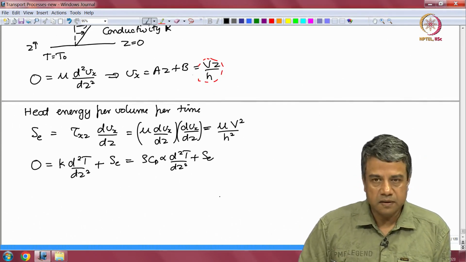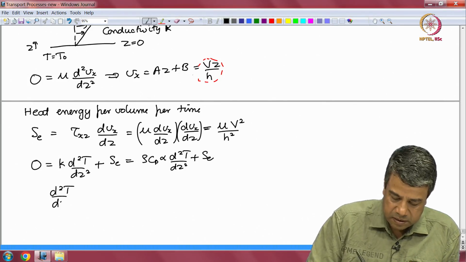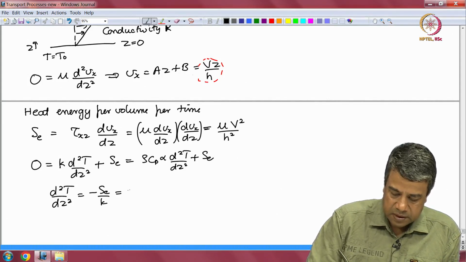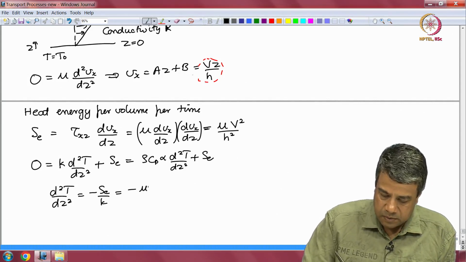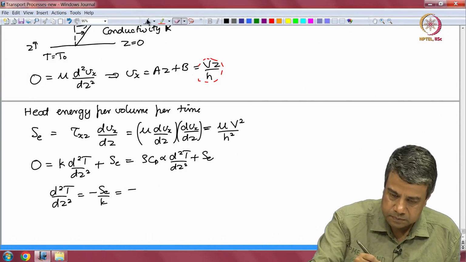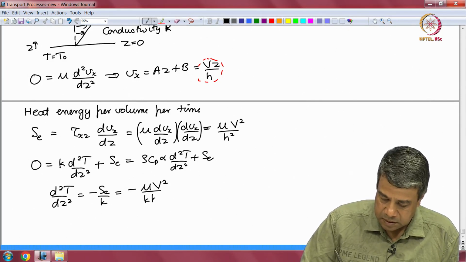So, therefore, I can solve this equation. D square T by dz square is equal to minus S E by k, which is equal to minus mu v square by k h square.